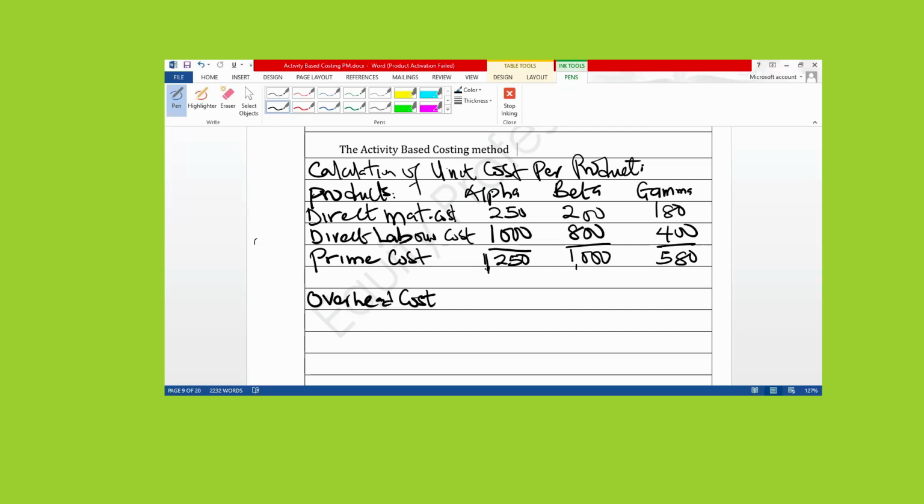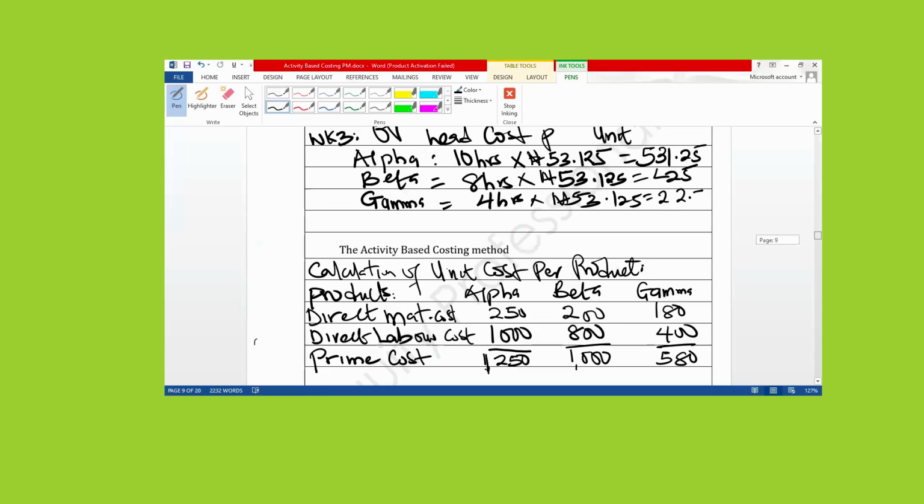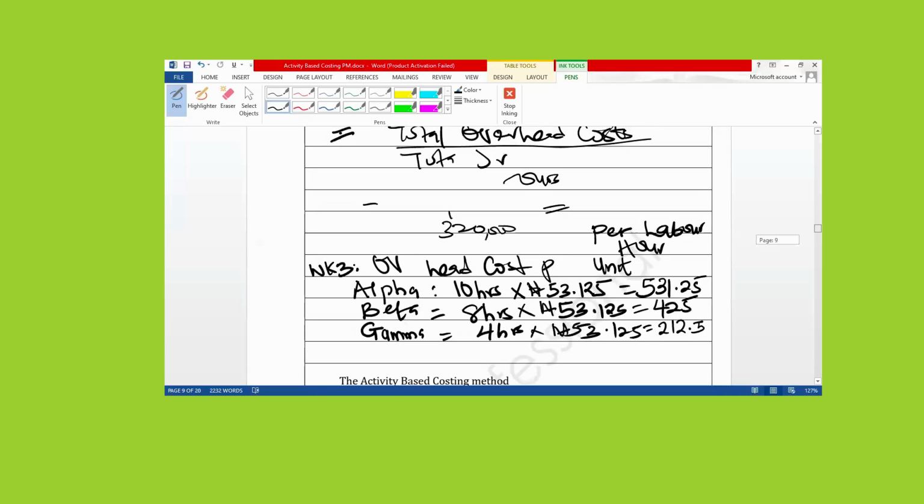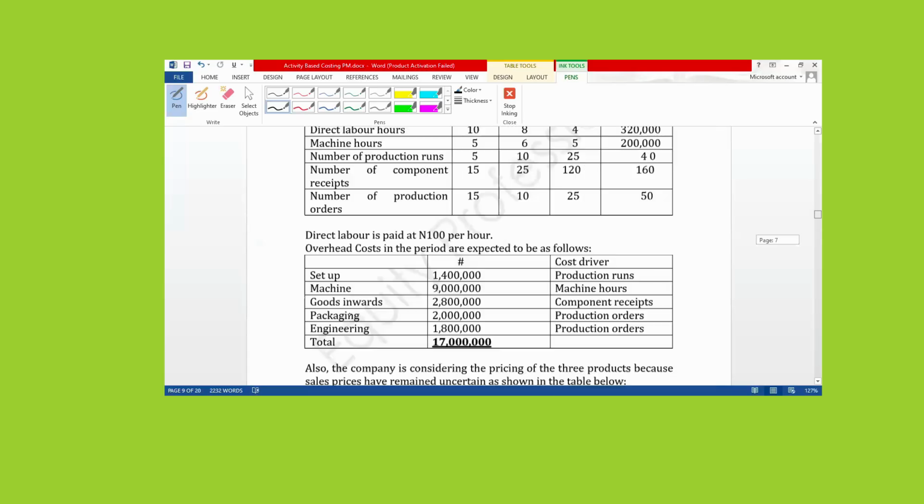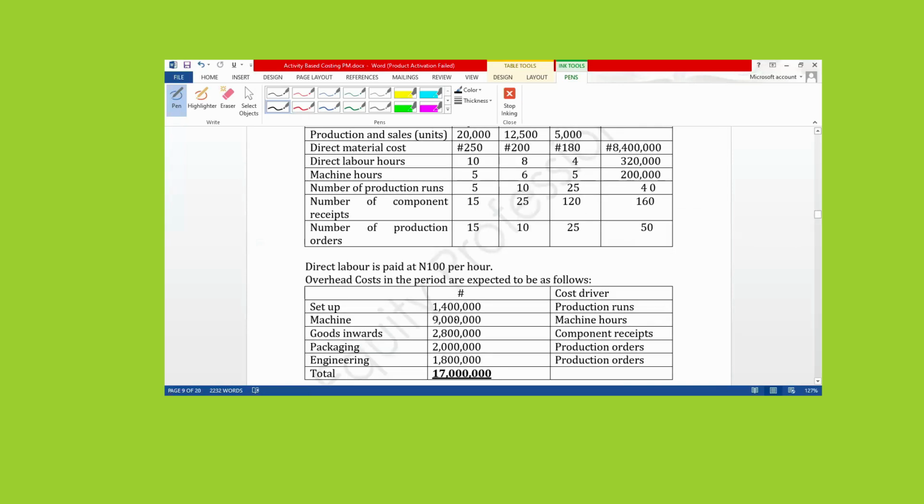We are going to look at the various activities and use the activity to allocate our overhead. Look at the various activities. Setup overhead cost, 1.4 million. Examiner says your cost driver is production run.